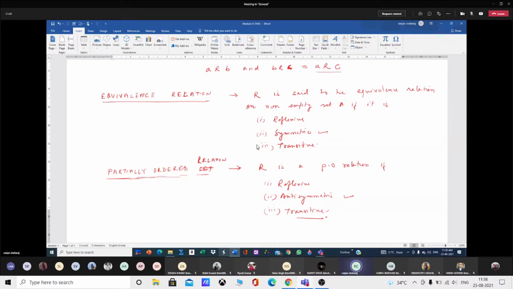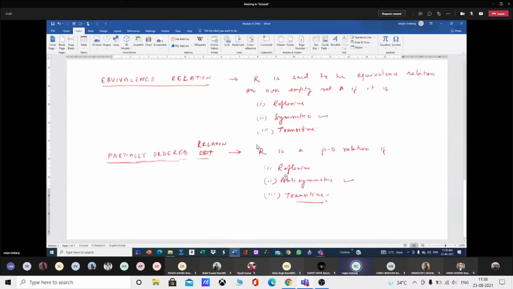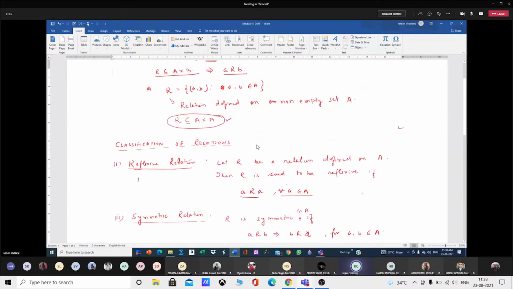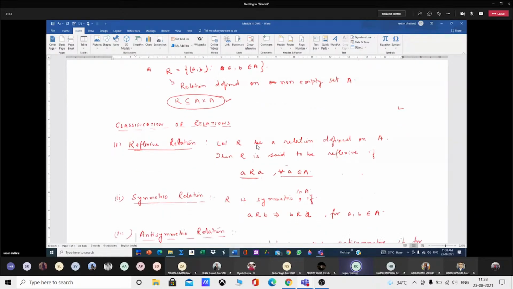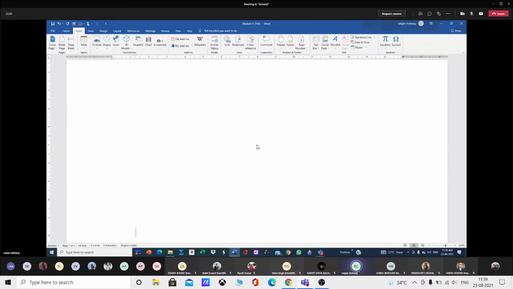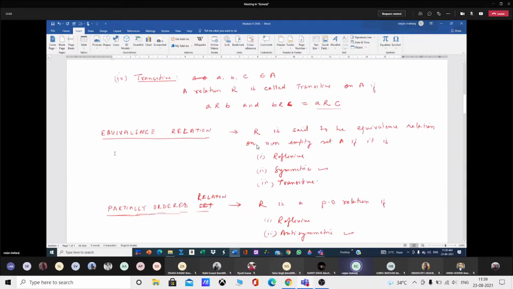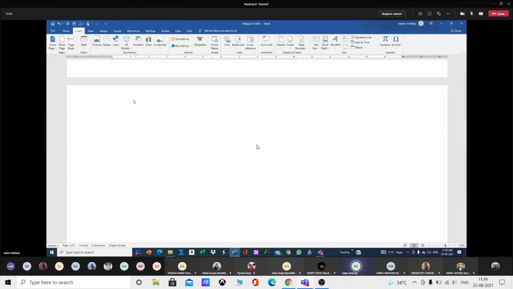I'm taking a very simple example. Take the finite set {1, 2, 3}.